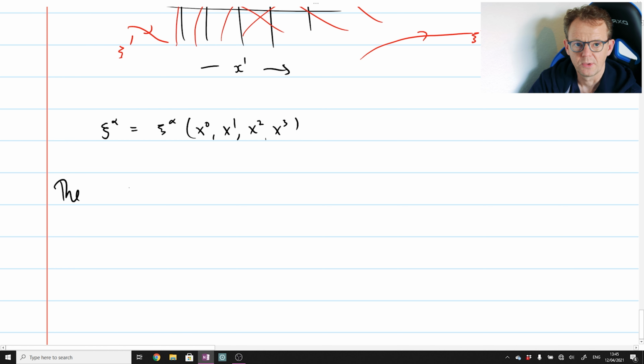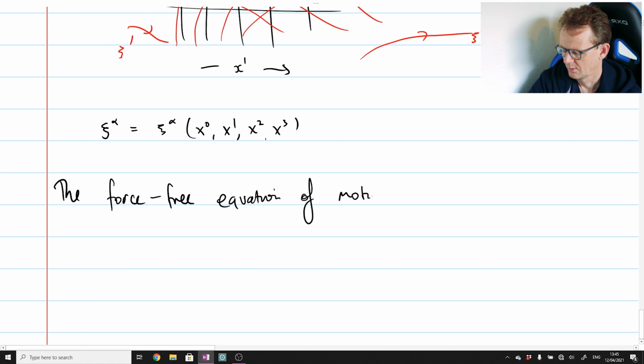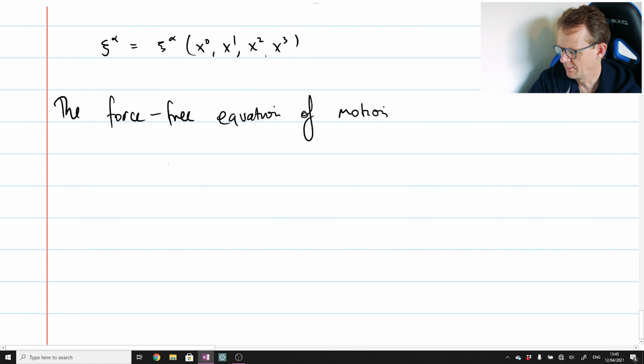So the force-free equation of motion, the expression in relativistic mechanics that no force acts, what does that look like? Well, remember the force-free equation of motion says that d squared psi alpha over d tau squared equals zero, no force acts.